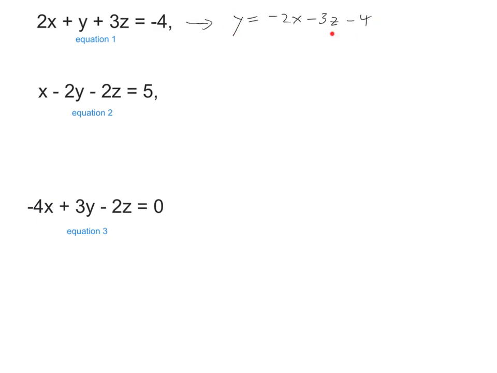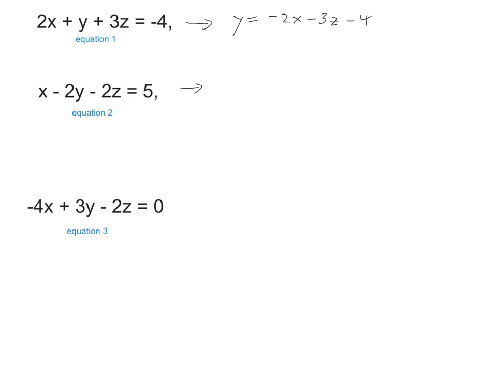Once you've done that, the next step is to take the variable that you just solved for. We just solved for y in terms of x and z, and we're going to substitute in for y in all the remaining equations. So I'm going to substitute this expression for y into this equation and into this equation. Let me go ahead and do that. I'll start with this equation. I'm just going to plug in for y right there. So here we go.